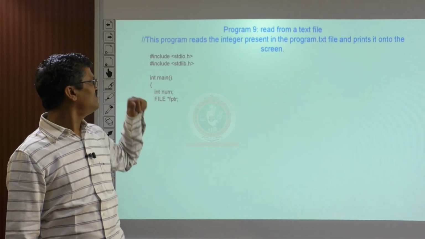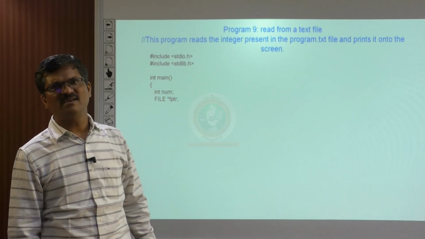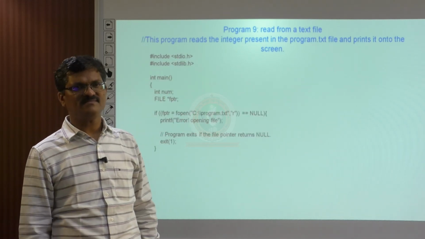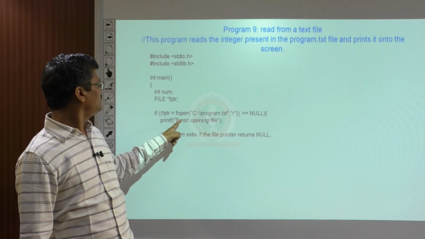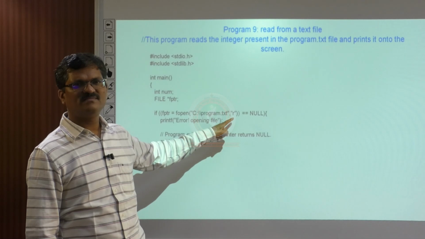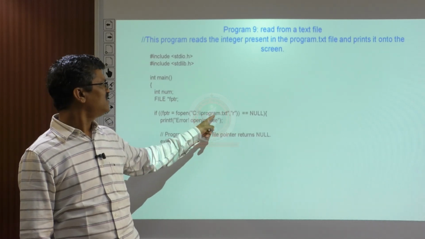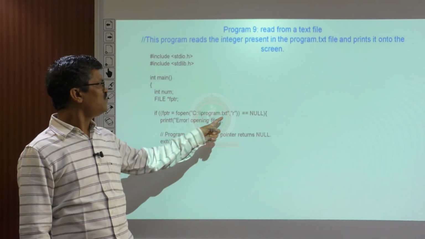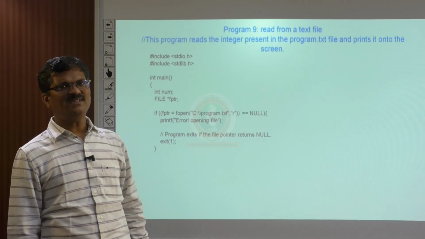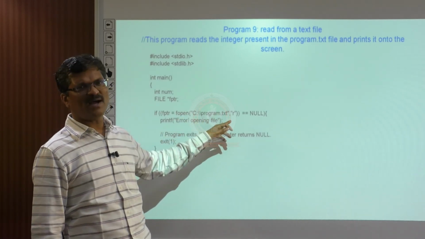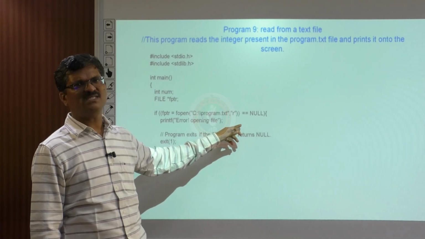The same way: declare fptr, and open a file in read mode. Which file? Program.txt. I am opening it in read mode using the command fopen, and I am checking whether the file is opened or not.